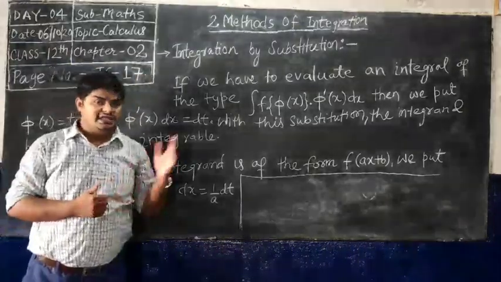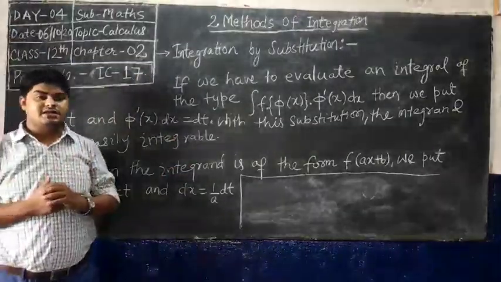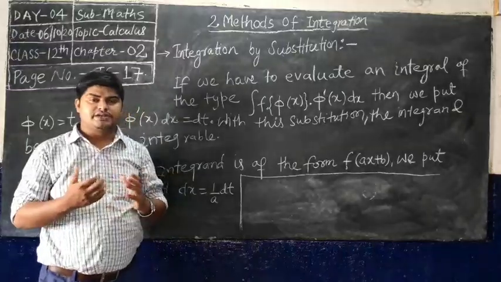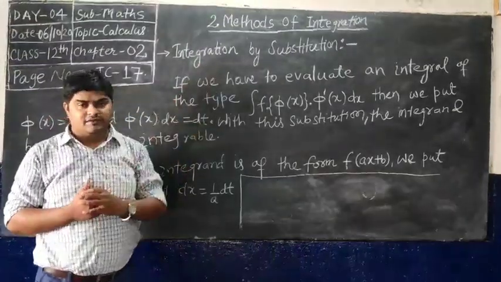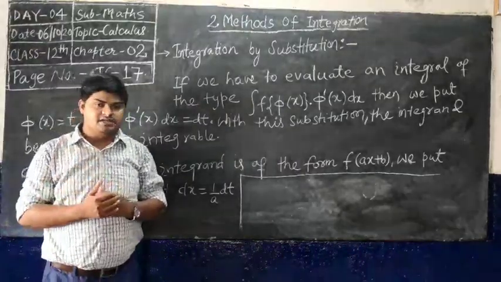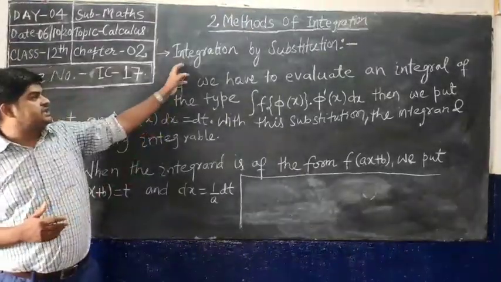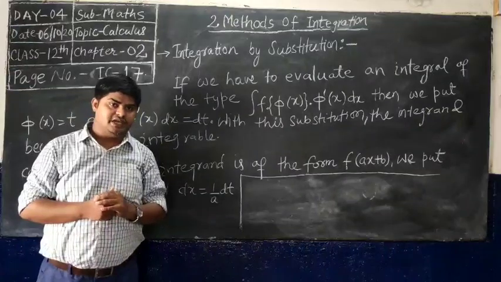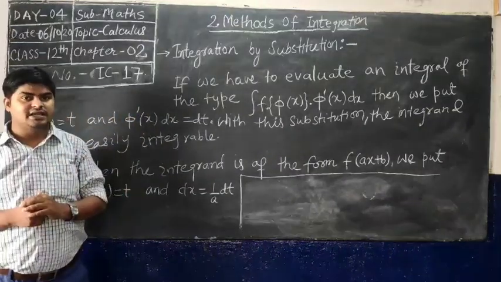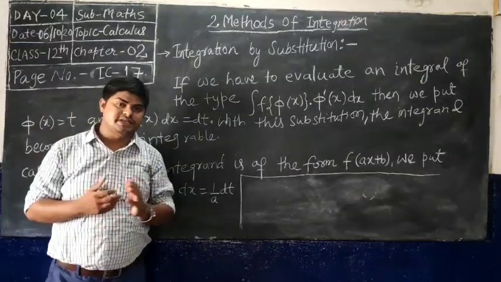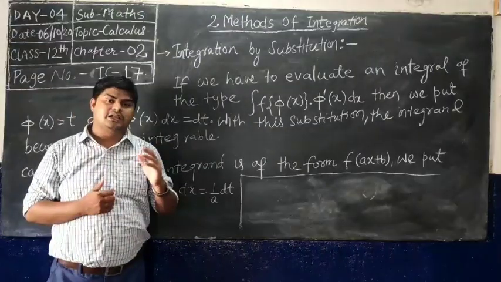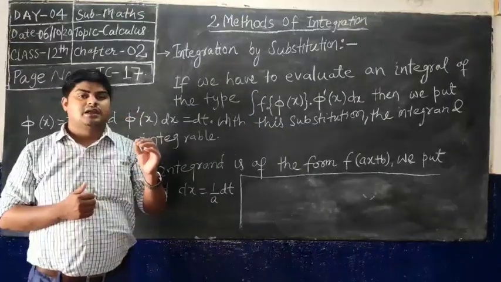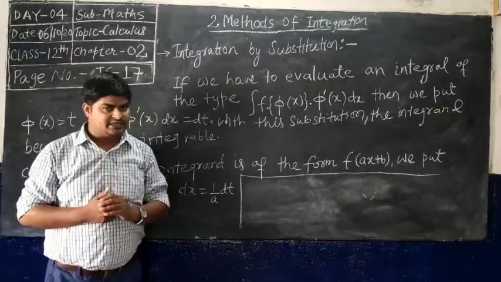In this topic there are 3 methods to solve any question by methods of integration. The first method is integration by substitution, the second method is integration by using trigonometric identities, and the third one is integration by parts.